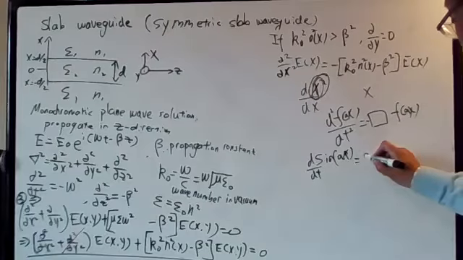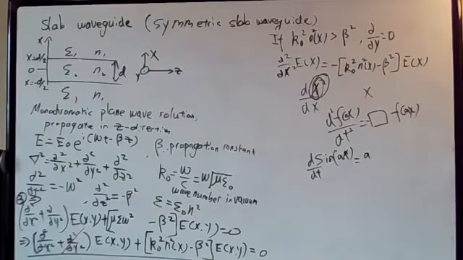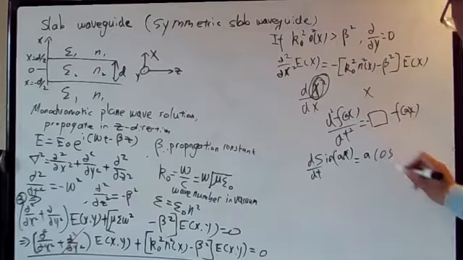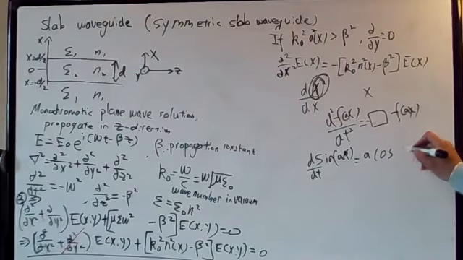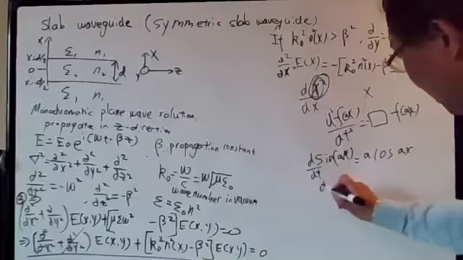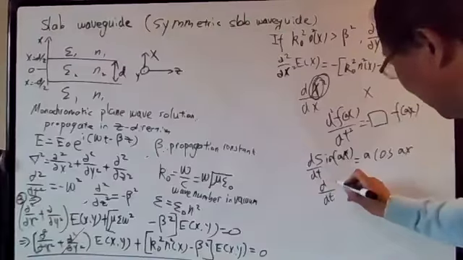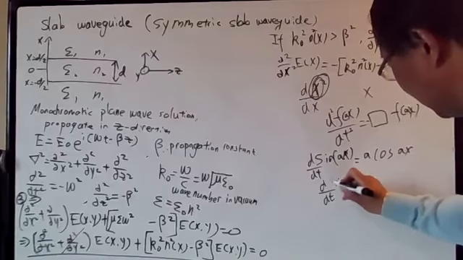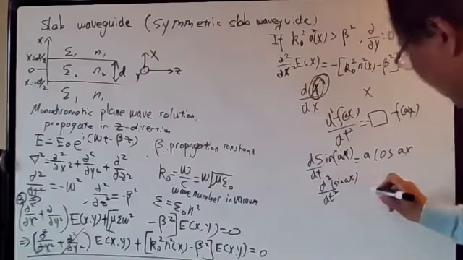If I have a sine function, then it will be cosine ax. Then we take another derivative, d dt of sine ax, the second derivative.